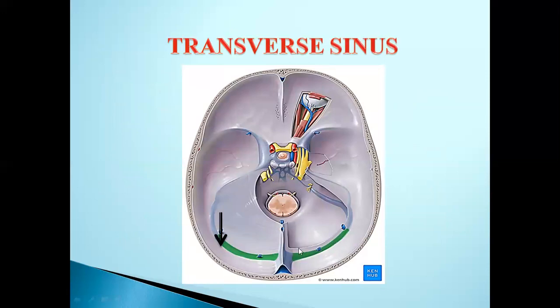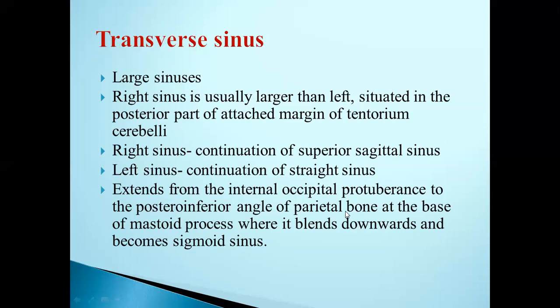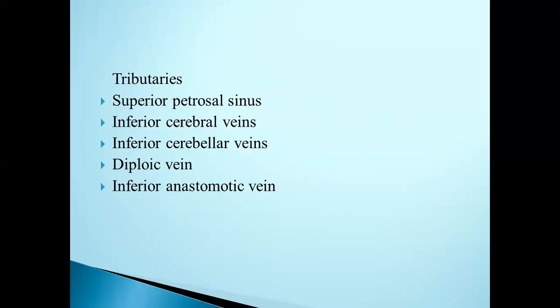This is your internal occipital protuberance. So from here, it will run transversely till the parietal bone, at the base of mastoid process. So here it becomes continuous as a sigmoid sinus.